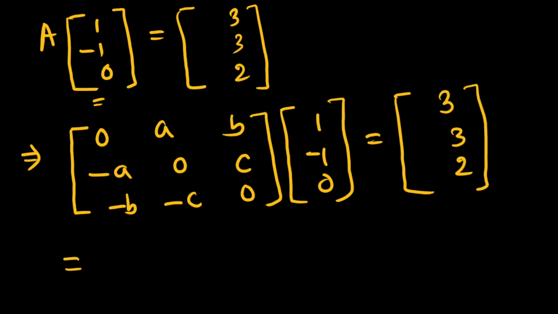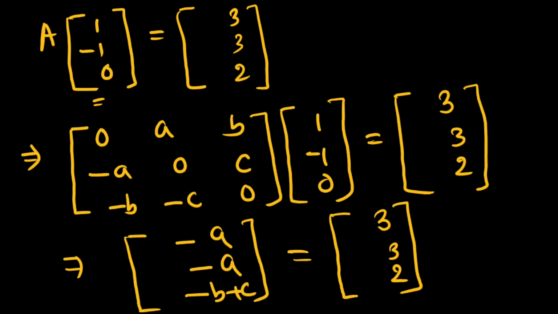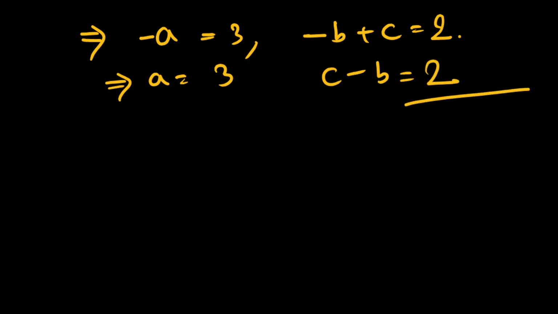We multiply and get the matrix minus a, minus a, minus b plus c, equal to 3, 3, 2. So we compare both matrix elements: this element equals that element. This implies a is equal to minus 3 and c minus b is equal to 2. We number it 1.